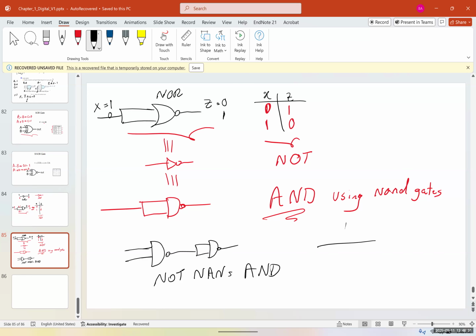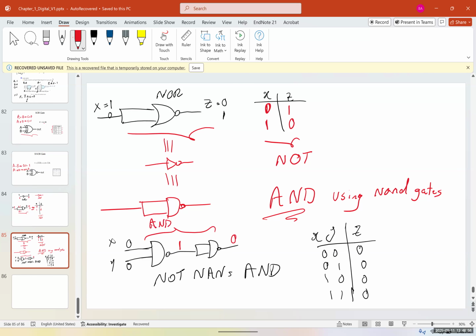Again, if X and Y are 0, 0, for example, 0, 1 is 0, 1, 0 is 0, and 1, 1 gives us 1. You can check all steps. I'm just going to check 0, 0. So 0, 0 gives us 1, and 1 gives us 0. So combining these two gives us an AND.